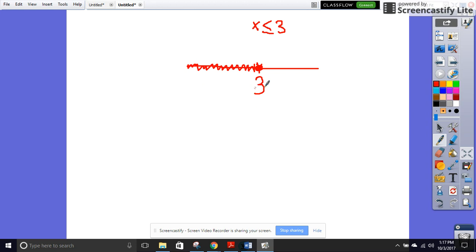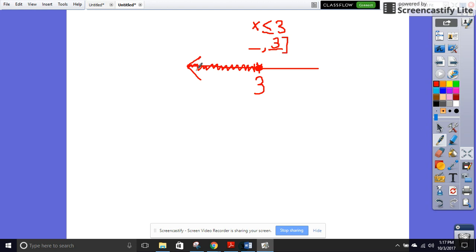The inequality notation, this is the inequality notation. I need the interval notation, okay? Remember, the interval notation should be your starting place and your stopping place. We always read it from left to right, just like you do a sentence. Well, it stops at 3. Okay, that's our stopping place. The circle is filled in, so it gets a bracket.